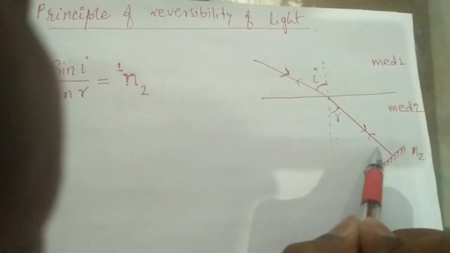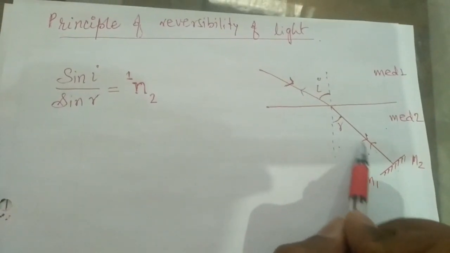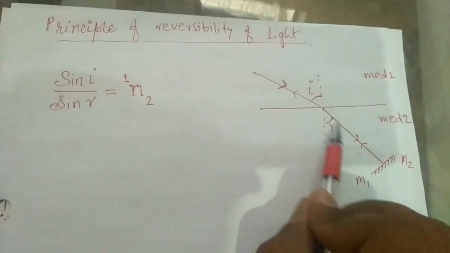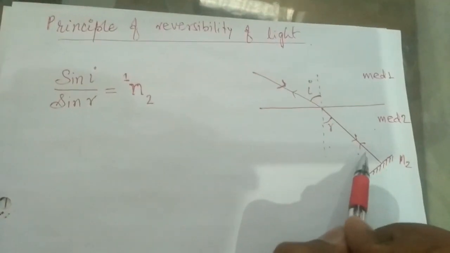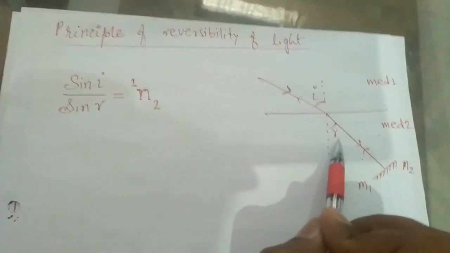So the light is going from medium 2 to medium 1 now. In this case, when the light is going from medium 2 to medium 1, the angle of incidence becomes r. Mention it.